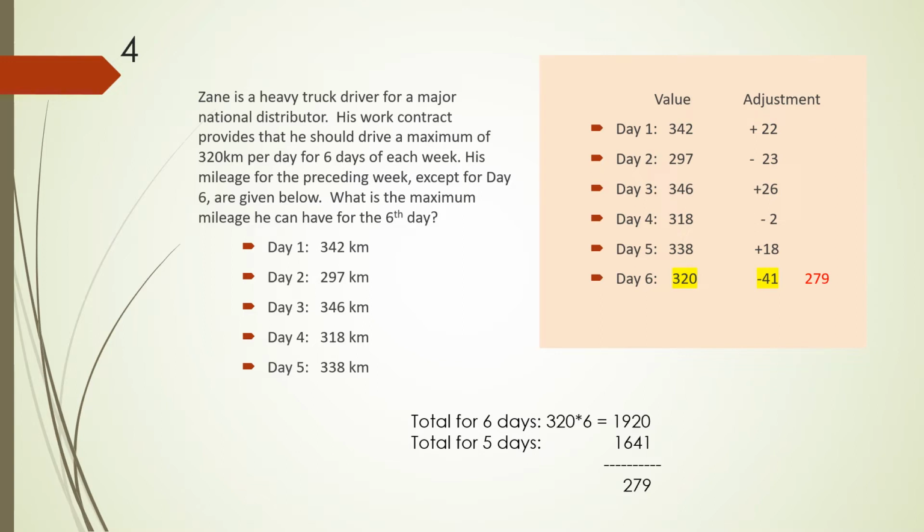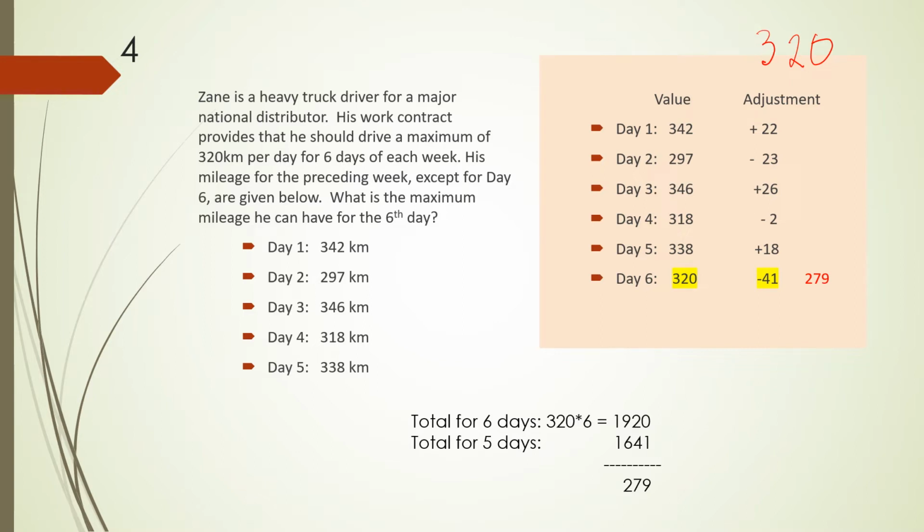We are given his mileage for the preceding week except for day 6, these values. So what will be our reference value for this? Our reference value will be the average of 320 kilometers maximum mileage per day.